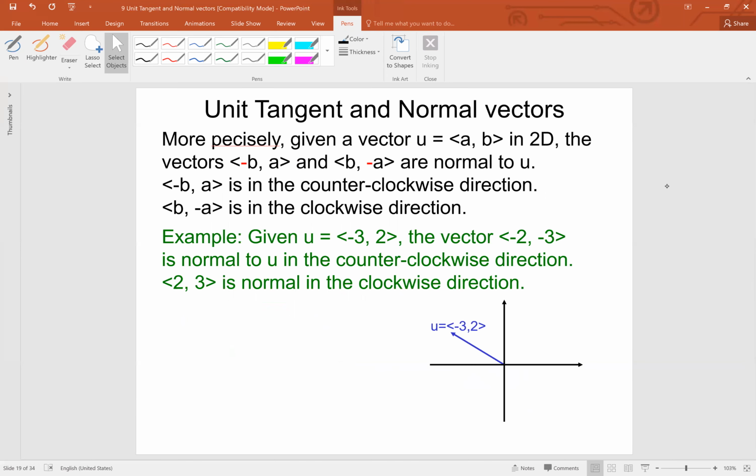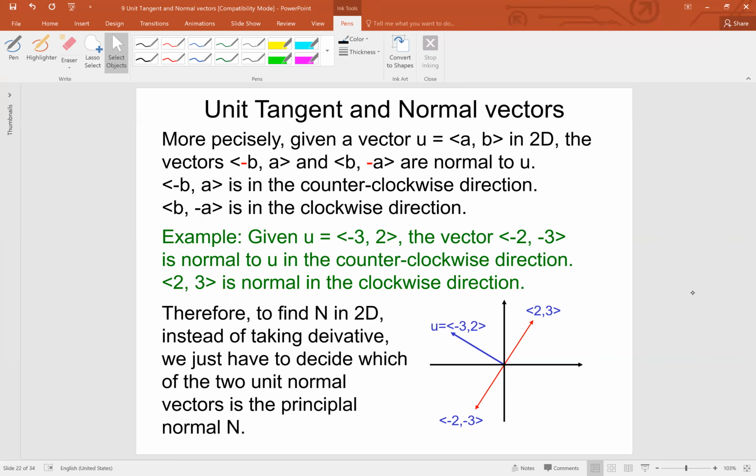So when you start with (a, b), you get two of them. So if the problem is a curve in two-space, in the plane, then we can find the unit normal very easily.